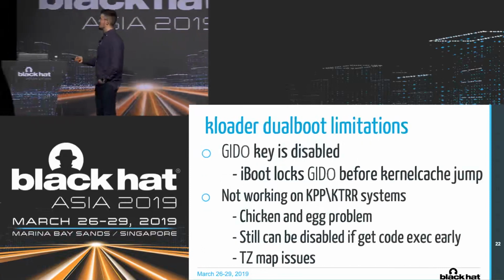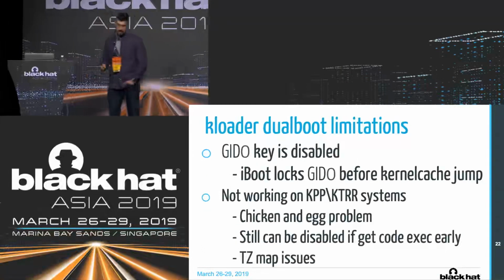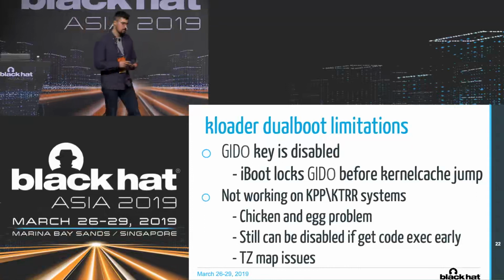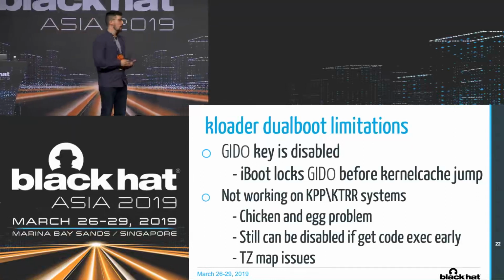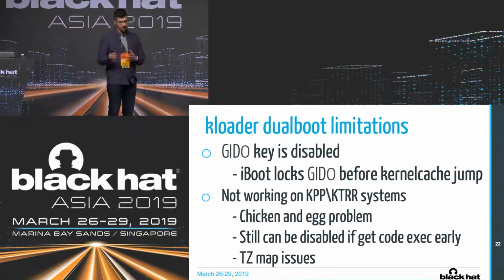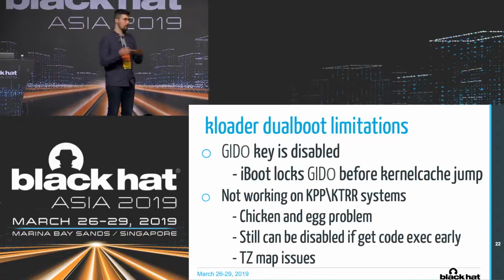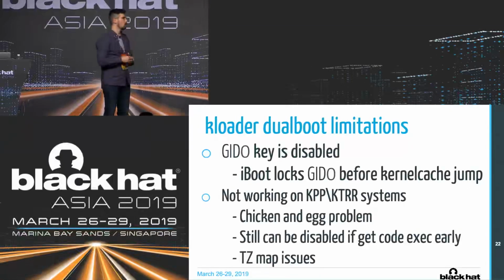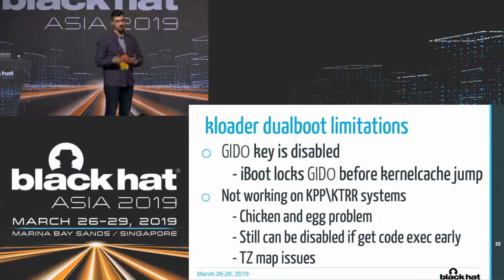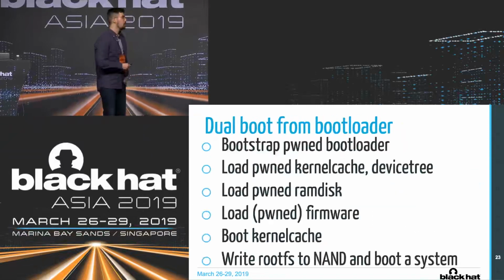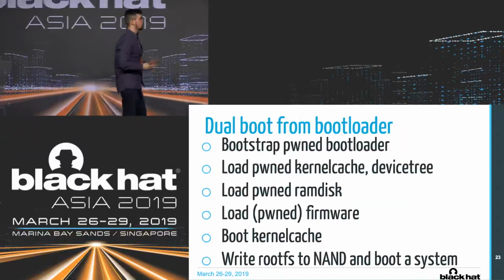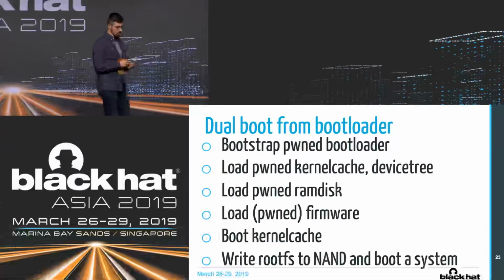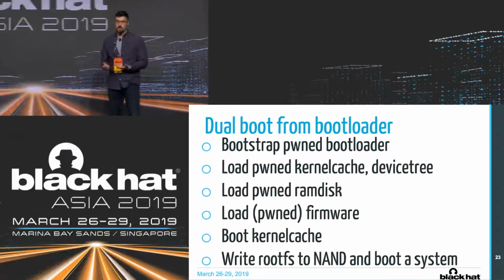One more thing that I didn't mention is the GID key. The GID key is the key that's used to decrypt the firmware, and by the time the kernel is loaded, it's already locked. So even if we jump back to the bootloader, the key is already locked and we cannot decrypt the new firmware. Which means the kernel way of dual booting works, but it has its own limitations.